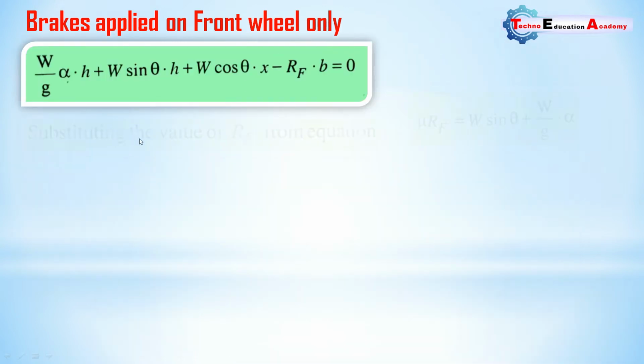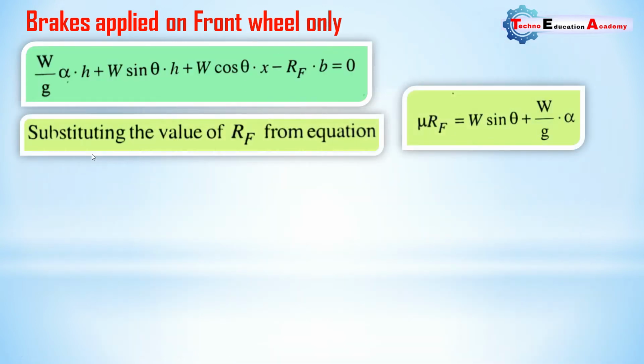Continue from the previous equation. Now we substitute the value of RF from the equation. In the previous equation we have already derived mu RF equal to W sin theta plus W by G alpha. We derived this equation by sigma horizontal. Here you can see that the RF term is there.